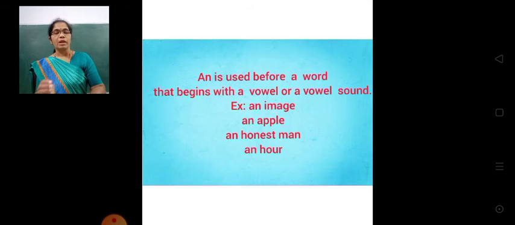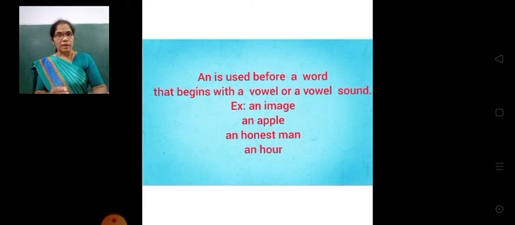Why? Because the letter H is silent, so the word honest begins with the O sound. So we have used an here, and we know that before O we have to use the article an.